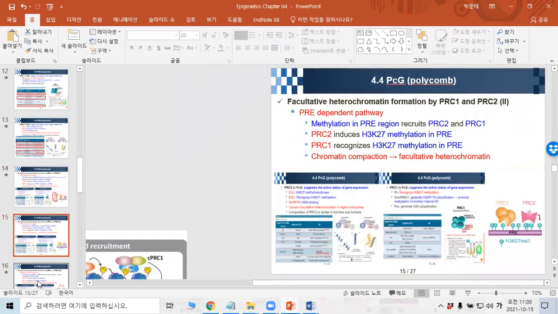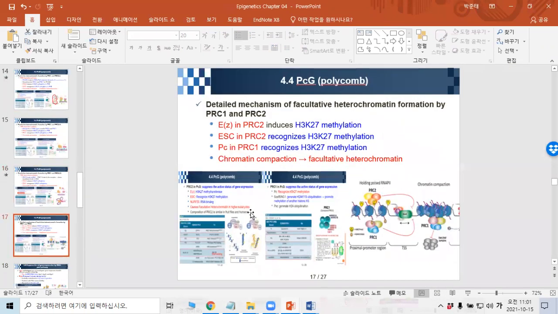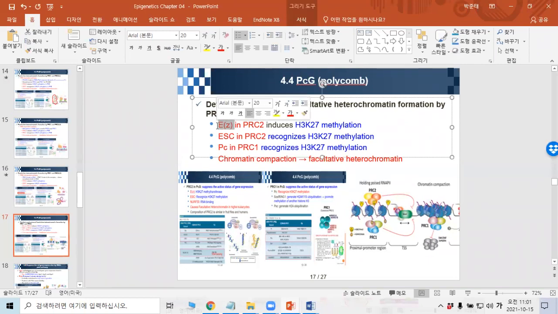And there are three pathways, three scenarios here. And this is detailed information. Because PRC2 has the EZH2 protein, it induces methylation. And PRC2 and PRC1 can recognize the methylation. So finally, they will make the facultative heterochromatin. It's like this.